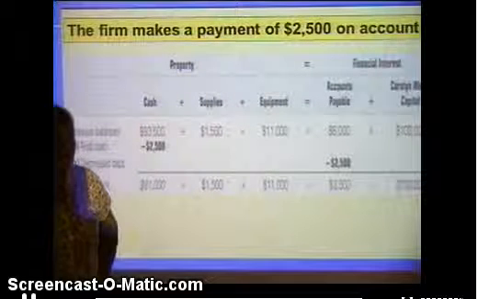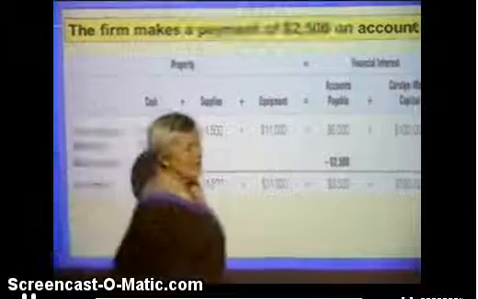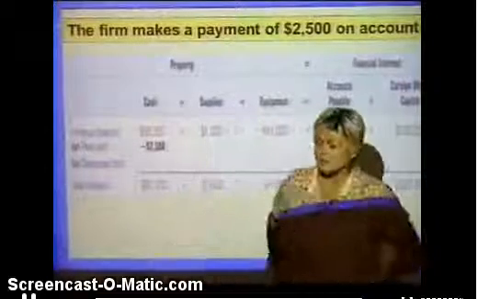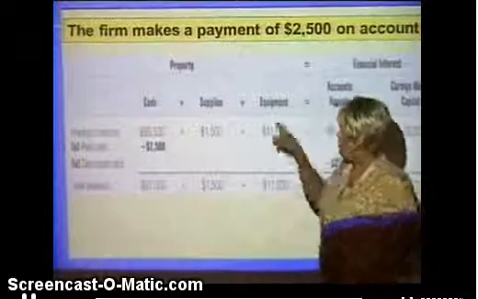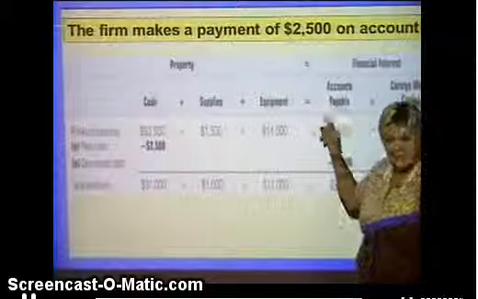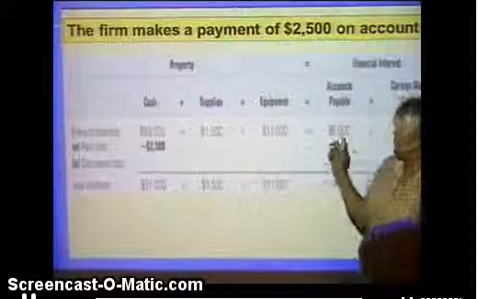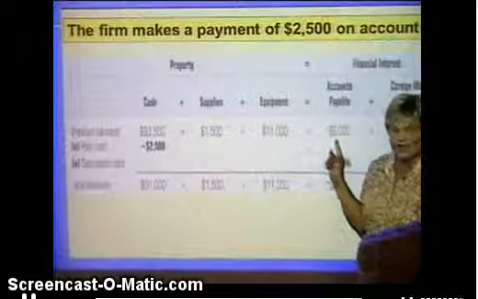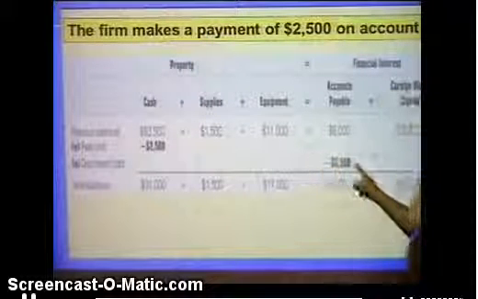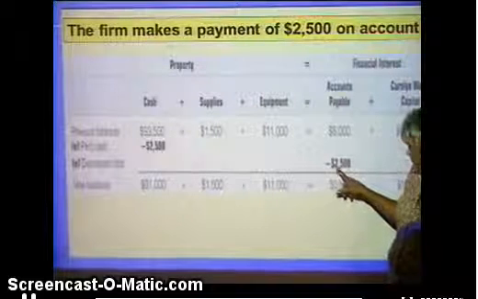All right. So now we make a payment on the account, meaning on the accounts payable. Payable means we have to pay it. So what happens if we have to pay the account? We've decided to go ahead and send them $2,500. Credit cash and debit accounts payable.